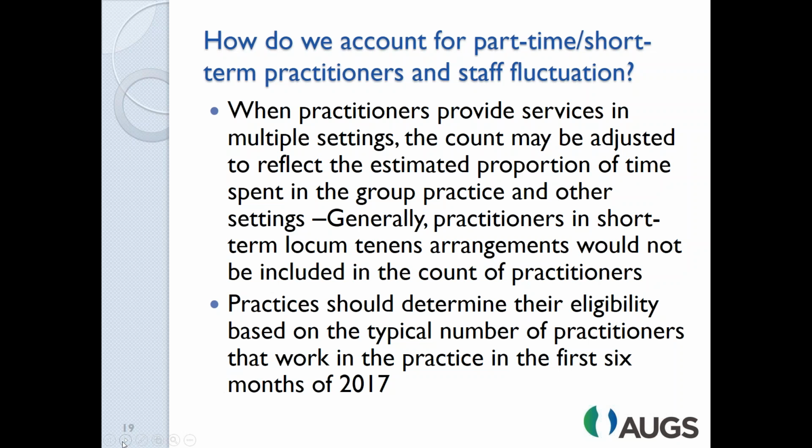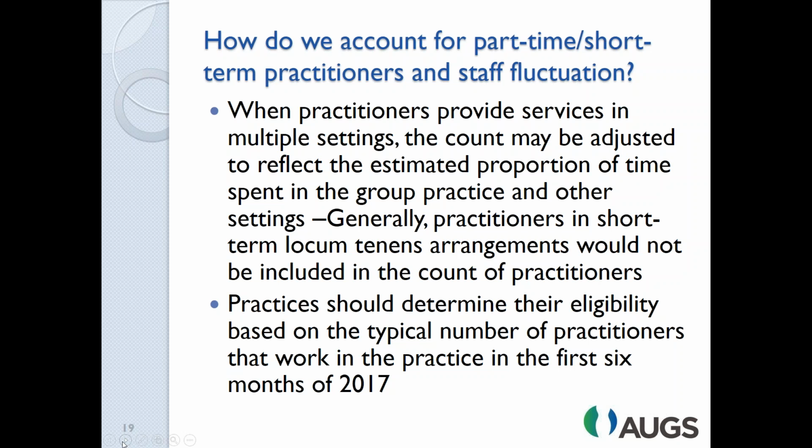How do we account for part-time or short-term practitioners and staff fluctuation when we're looking at how to count to the 10 or more? When practitioners provide services in multiple settings, the count may be adjusted to reflect the estimated proportion of time spent in the group practice or other setting. Generally, practitioners in short-term situations would not be included in the count.